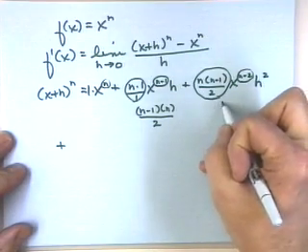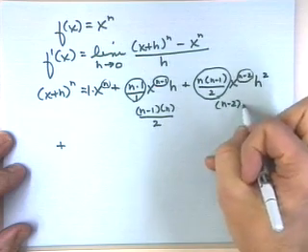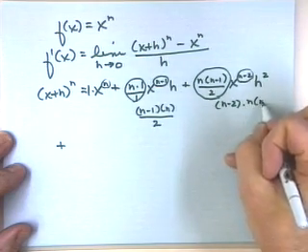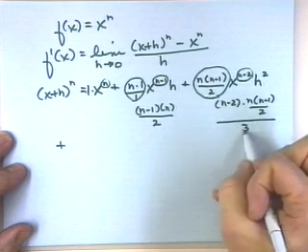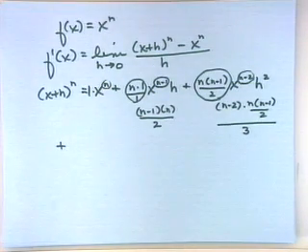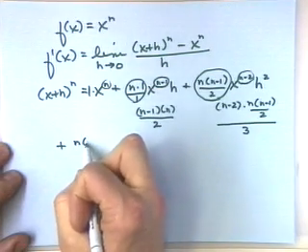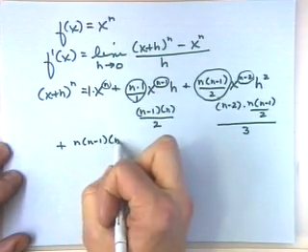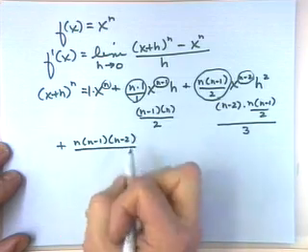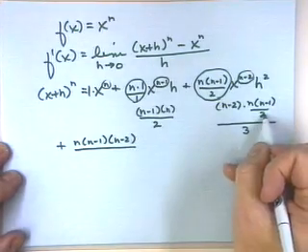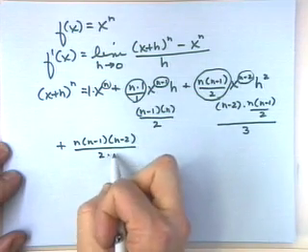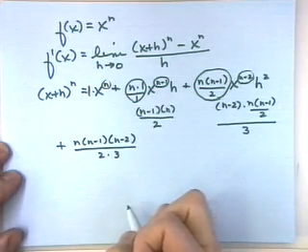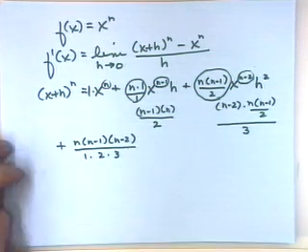Let me write that out. It's going to be n minus 2 times all of that, divided by 3. That's the next coefficient. Well, I'm dividing by 2, and then I'm dividing by 3, so I can divide by 2 and then by 3, and I'm just going to throw a 1 in there.